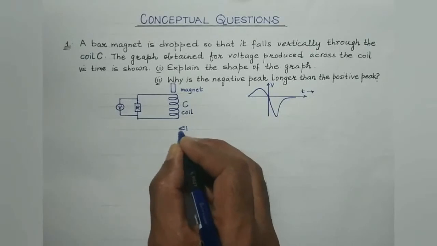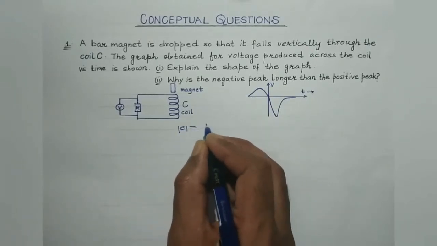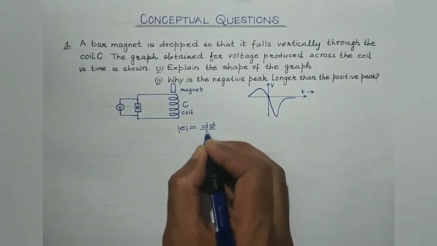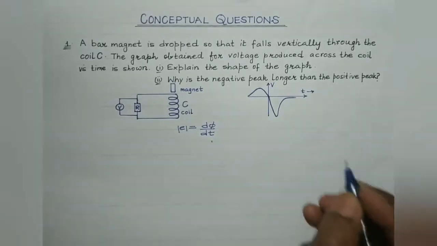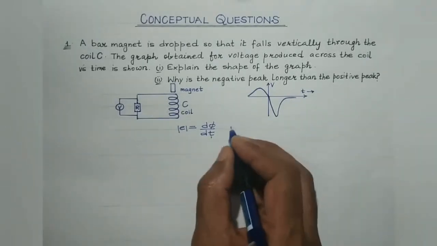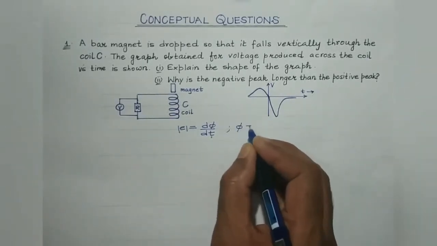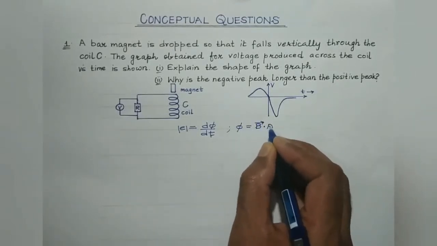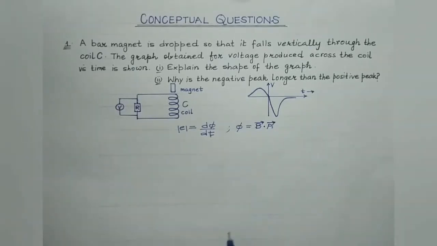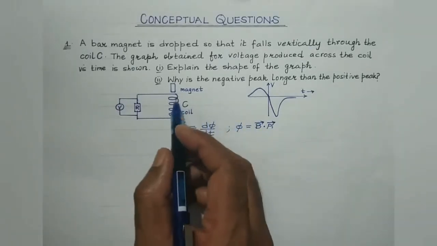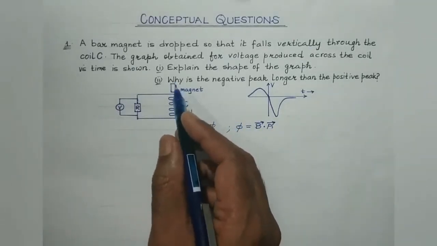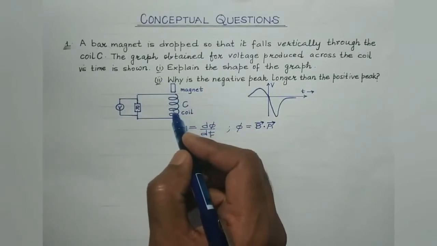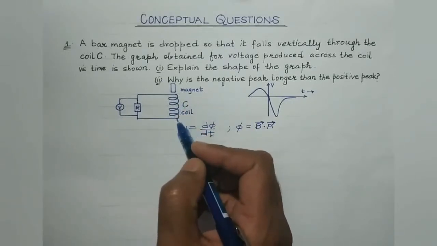Induced EMF in magnitude is given by d phi by dt, the time rate change in the magnetic flux. And we are aware phi is equal to the scalar product of magnetic field and area vector, isn't it?